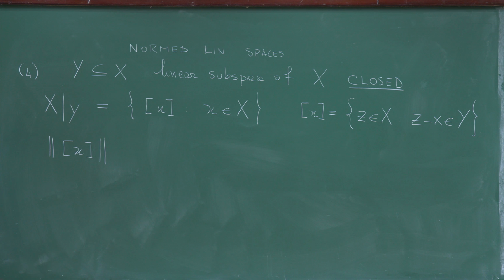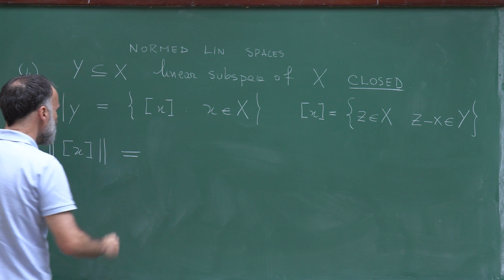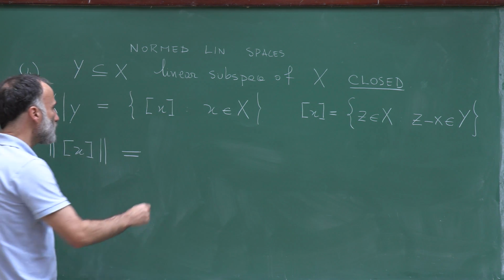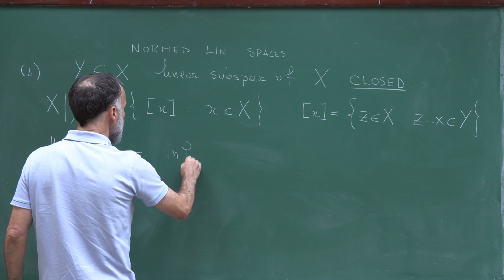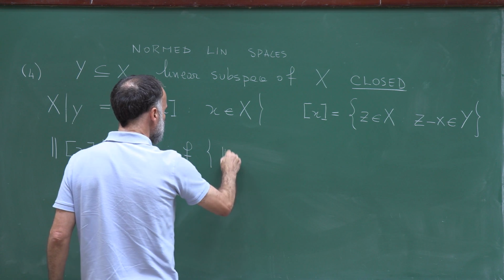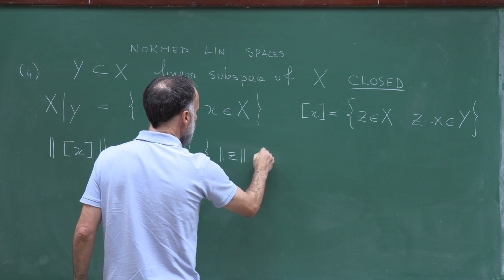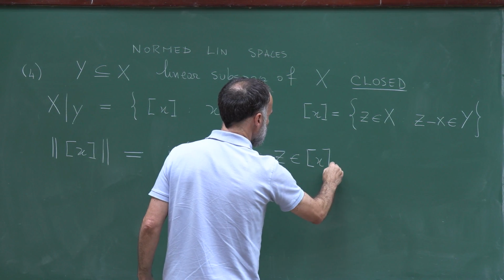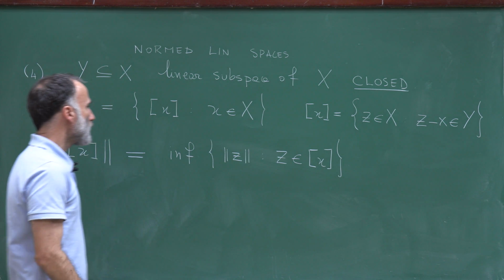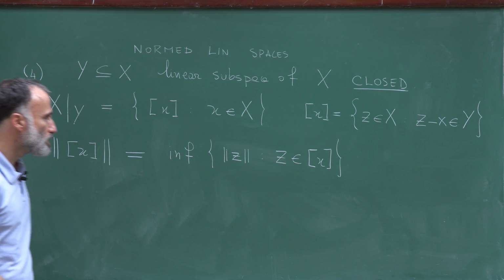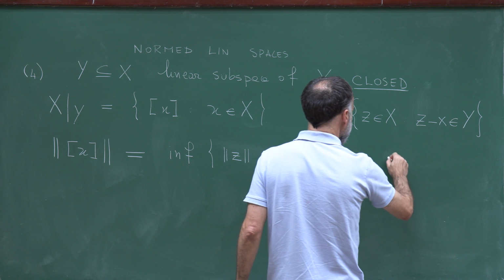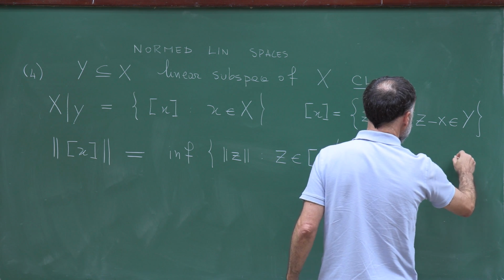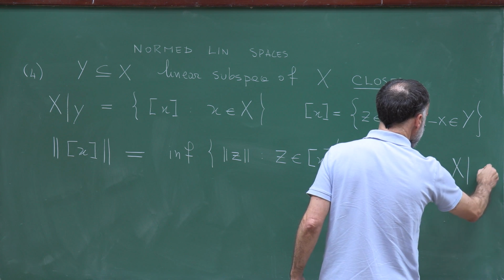And what I propose as a definition for this norm, well, this is a subset of X, is to take the infimum over all norms of z for which z belongs to the class. And what I claim is that this is a norm in the space X modulo Y.